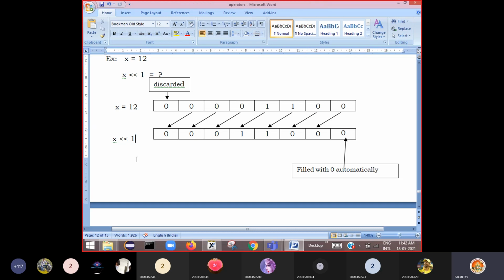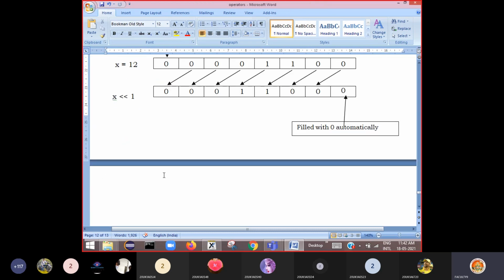So when you say x left shift 1, you will get the answer 24.